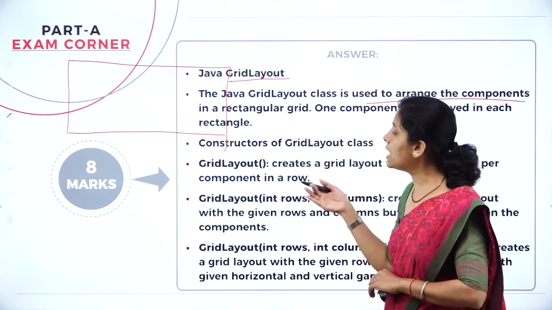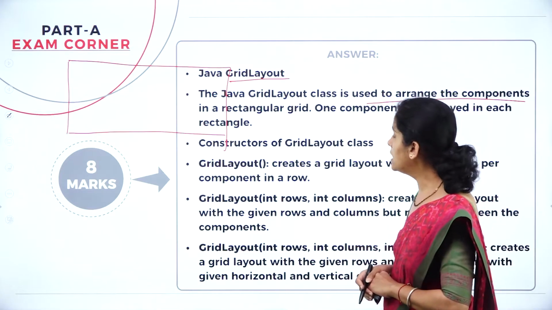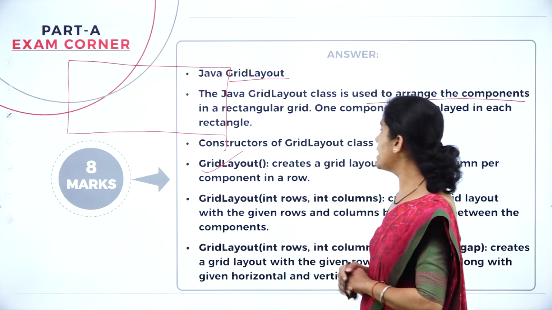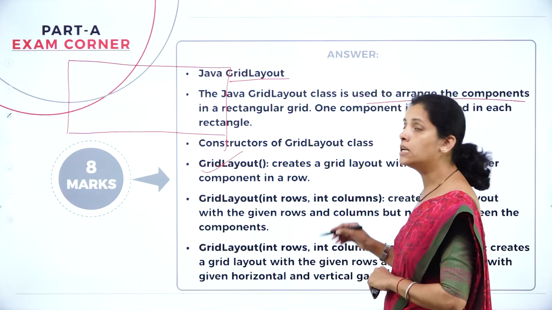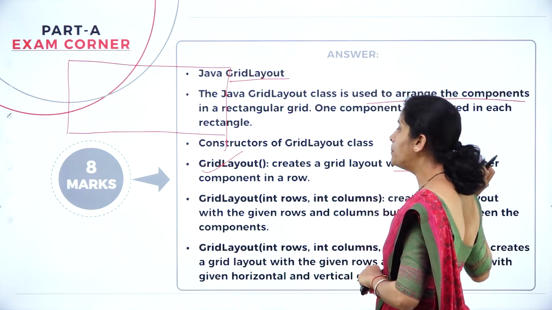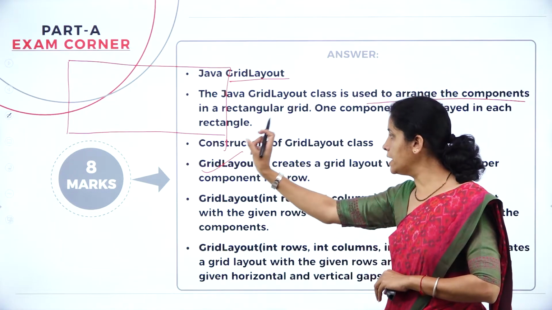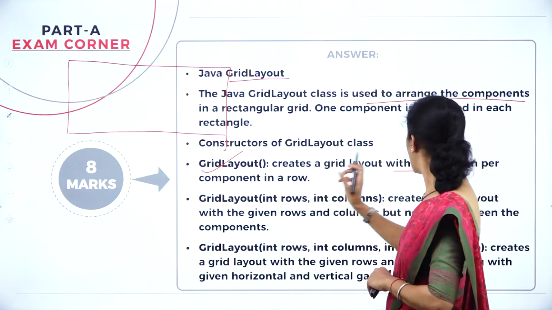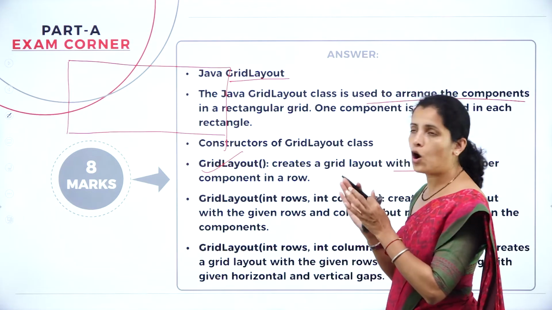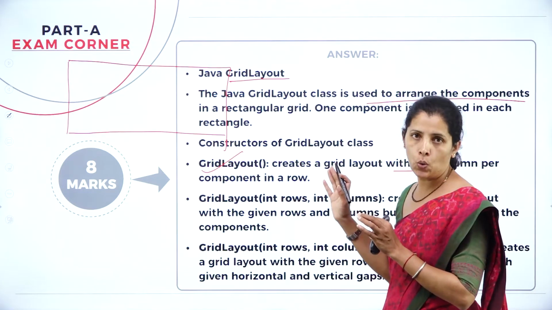So, what are the constructors I can have under grid layout? That is grid layout. It is used to create grid layout with 1 column per component in a row. So, if I use grid layout, then I can have 1 column and each column can have the row.